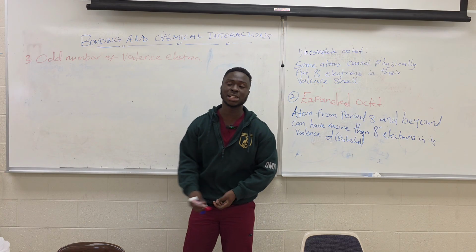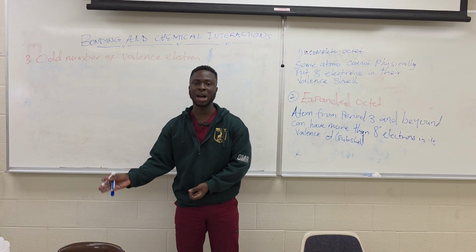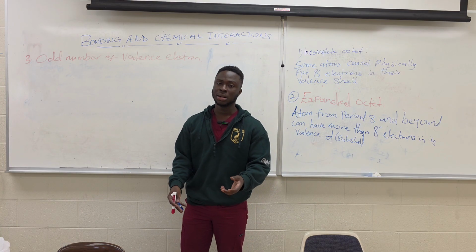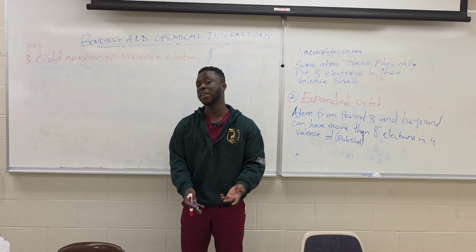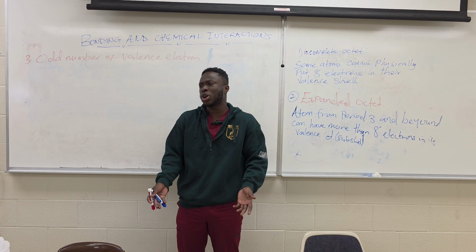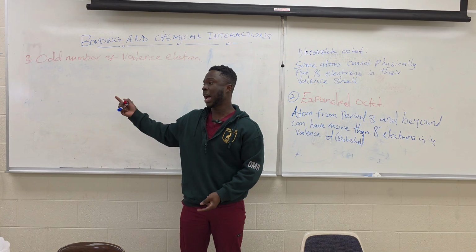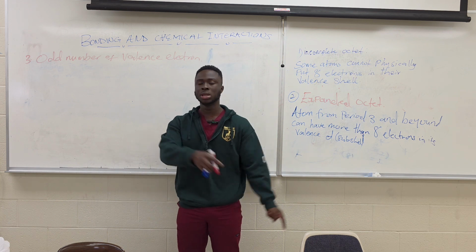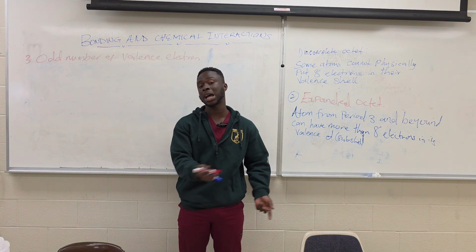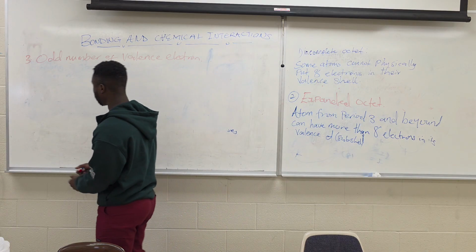Because if you have that, you cannot mathematically divide it without one atom having more electrons than the other. And by so doing, you put the atoms at the disposal of not having 8 electrons. Those atoms sometimes tend to be stable because the lone electron will be revolving in between these 2 atoms, causing some type of stability. So that is the odd number of valence electrons for you.